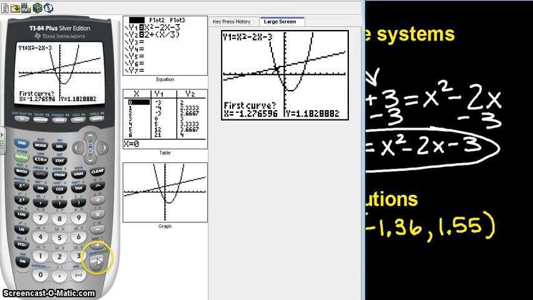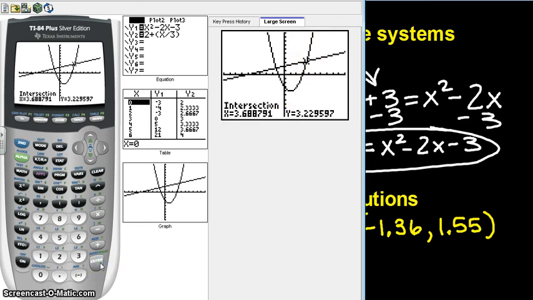And then again, we only have two things to look at here, so I'm just going to press Enter, Enter, while it asks which two things. And then this time for my guess, I'm going to move over here to the other point and then say Enter when my cursor is flashing over the right-hand point, the one I want to find.